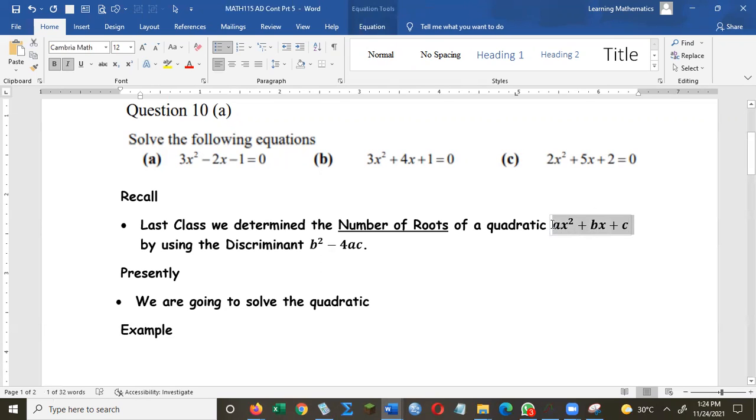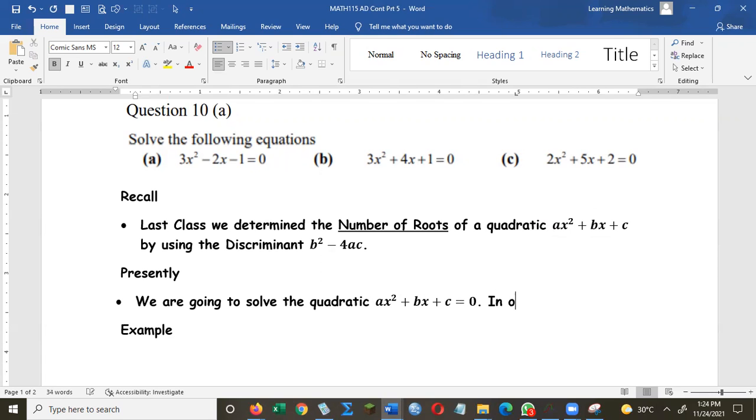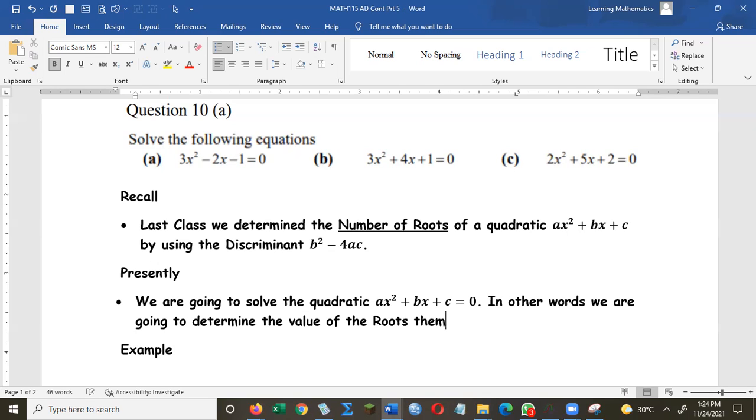Now we must put the equals 0. In other words, what does it mean to solve the quadratic? We are going to determine the actual value of the roots themselves.